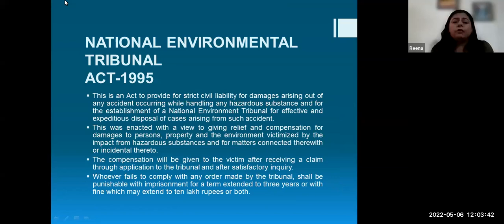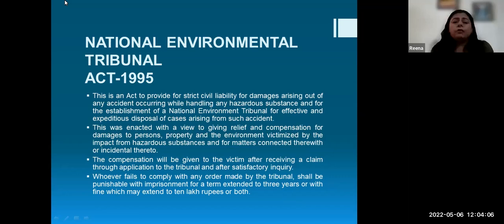The compensation will be given to the victim after receiving an application to the tribunal and a satisfactory inquiry. Again, if somebody fails to comply with the order of the tribunal, they can be given imprisonment extending to 3 years or a fine up to 10 lakh rupees, or both.